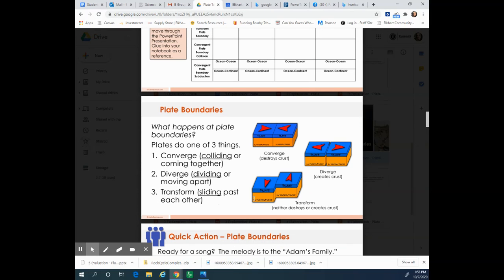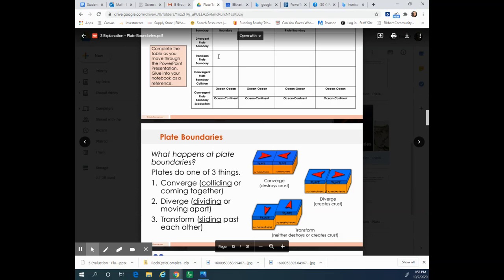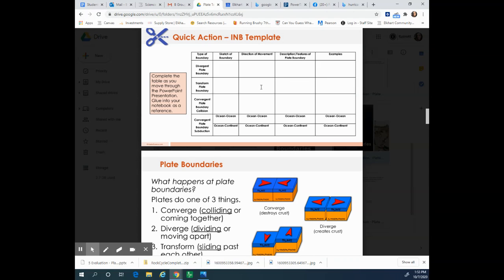Now, when you have transforming, the plates are going to slide past each other. So right here, you can use an equal sign to show that it is sliding past each other. Which direction are the transforming plates moving? Is it moving away from each other, toward each other, or sliding past each other, side by side? Which one is it?